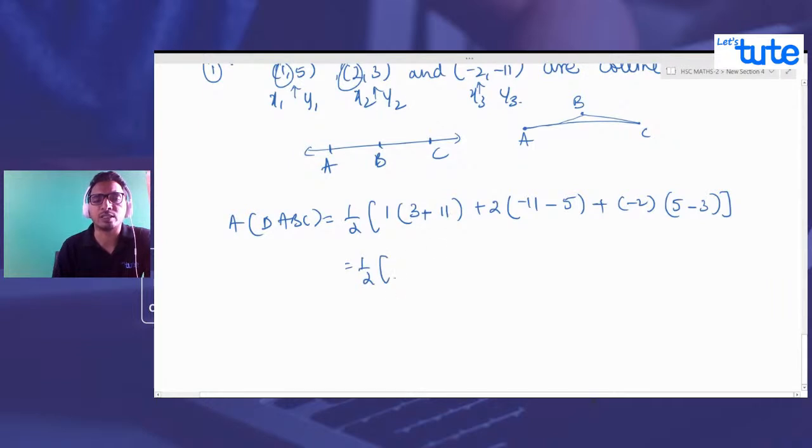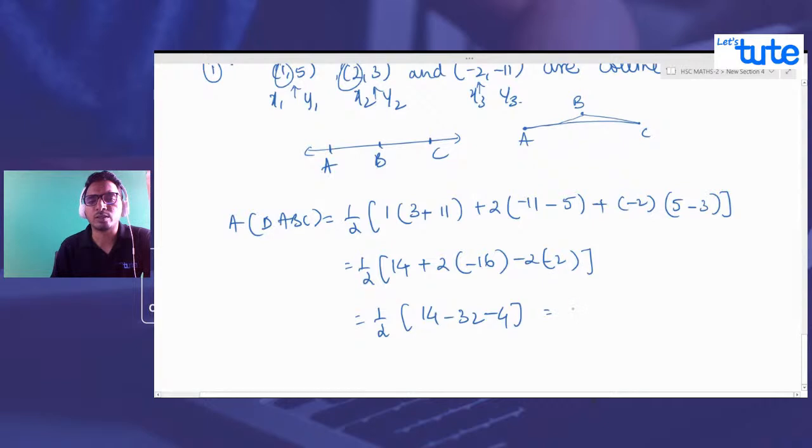3 plus 11, it is 14, plus 2 multiplied by -5, -11, it is -16, and this is 5 minus 3, it is -2. So therefore this should be equal to half multiplied by 44, and this should be minus 32 minus 4.